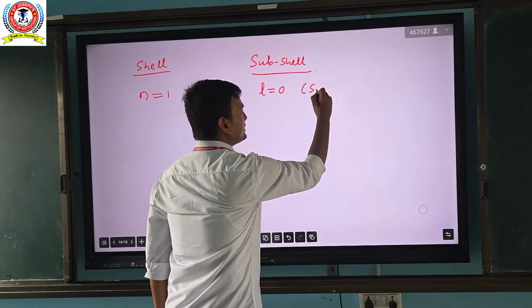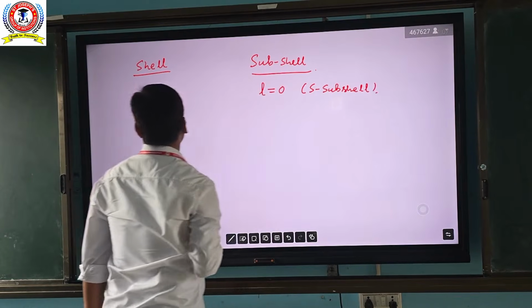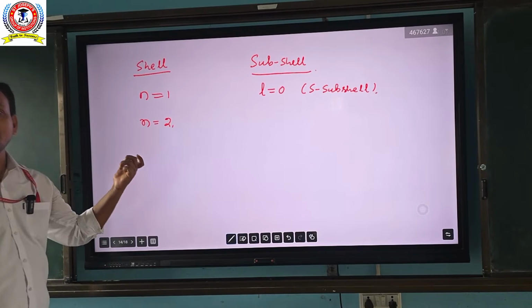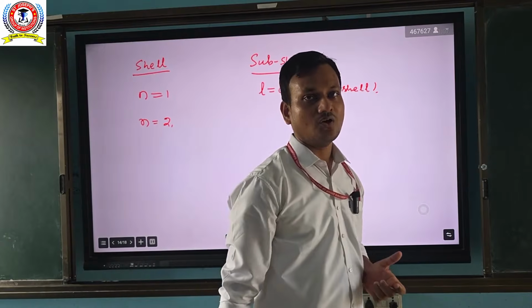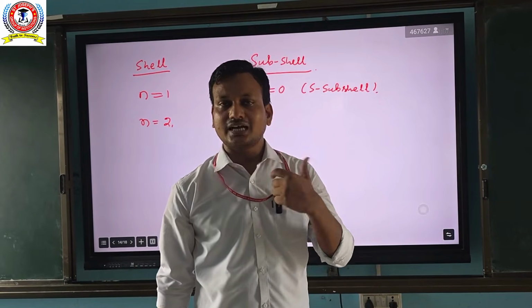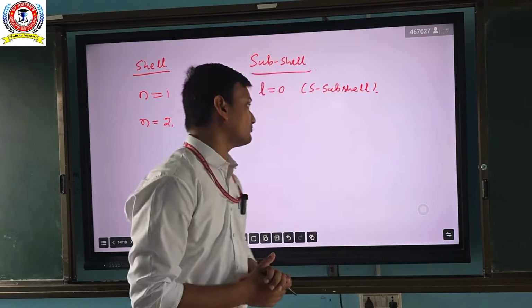L is equal to 0 means which subcell? S subcell. When I write n is equal to 2, n means principal quantum number, and the principal quantum number gives an idea about the cell. When I say n is equal to 2, that means the second cell. That means in the second cell, there are two subcells present, one is S and another one is P.